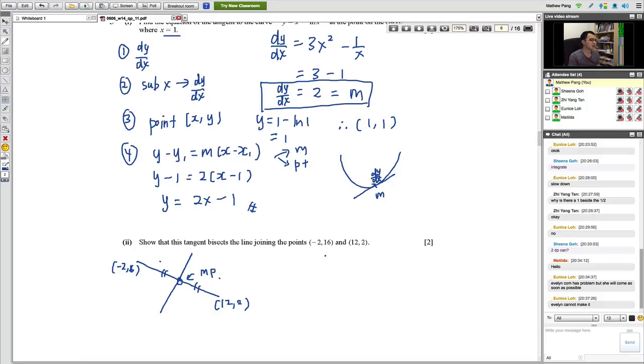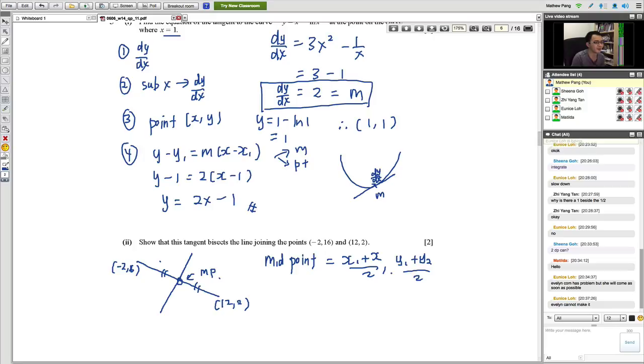So what I will do is find the midpoint of these two points, and then try to substitute it into the equation. I hope you still remember the midpoint formula is (x1 plus x2) over 2 and (y1 plus y2) over 2.